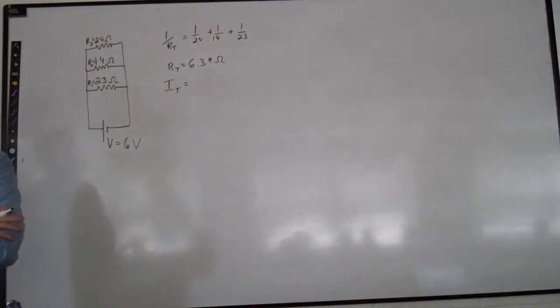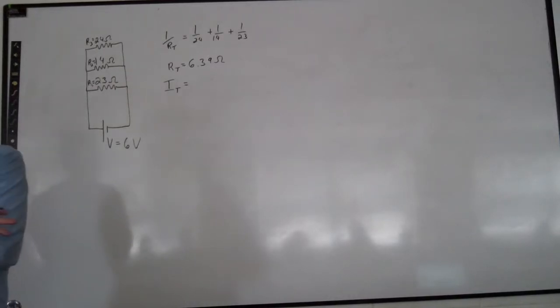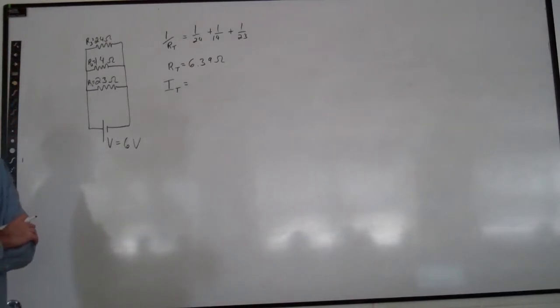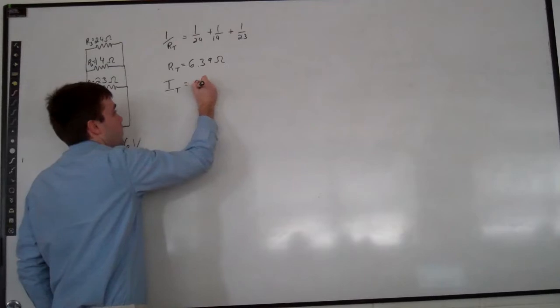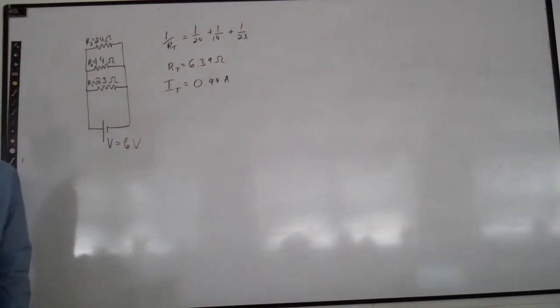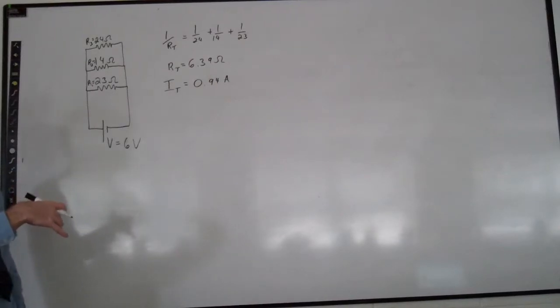How do we find our total current? V equals IR. So can somebody tell me what that equals using V equals IR? 0.94 amps. So you do it the same way? Still do it the same way.